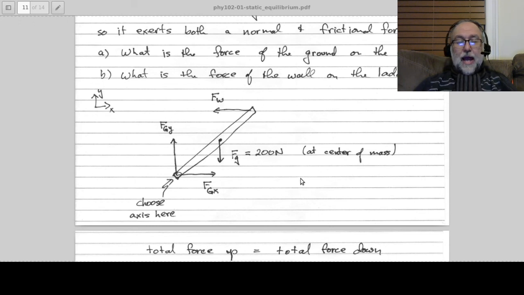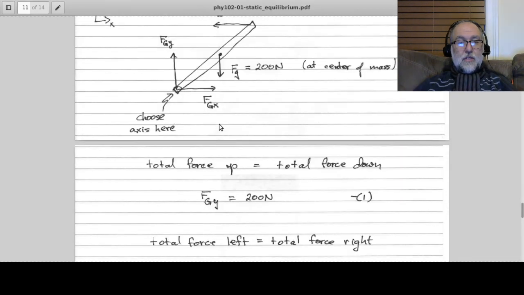Now what? Let's go through all the criteria. Forces up balance forces down. Forces to the left balance forces to the right. Torques will balance. Let's do forces up and down first. If you take a look at the diagram, there's only one force up, F capital G Y, the force of the ground in the y direction.